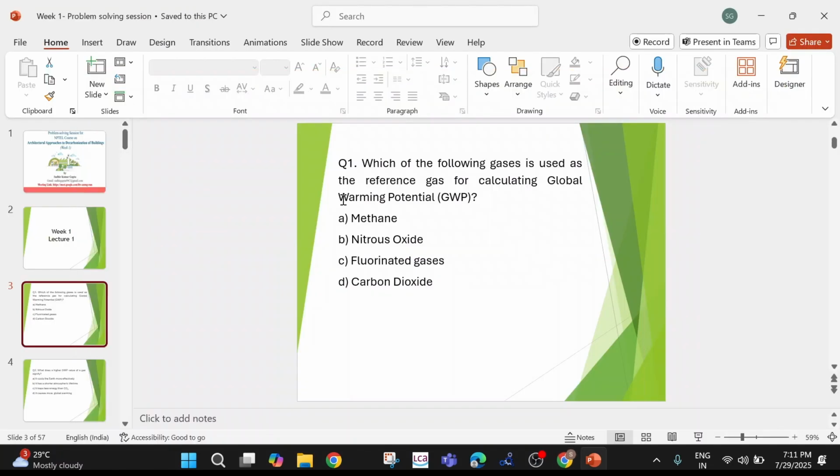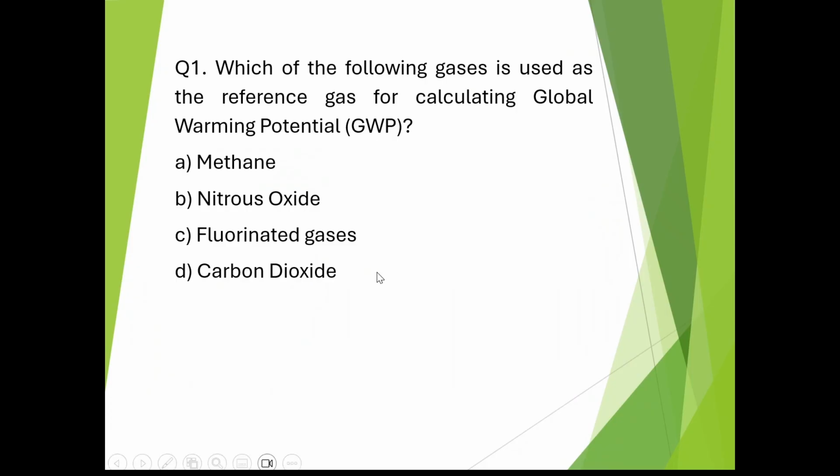Okay. So this particular question, if it comes in the exam, I would like to clear that carbon dioxide, as mentioned by Farid, is the reference gas for calculating the global warming potential.